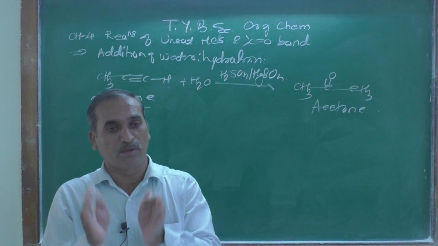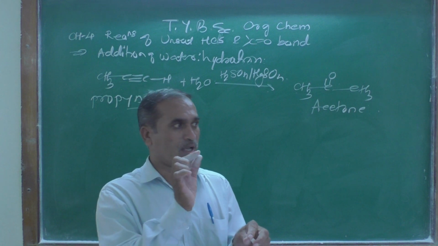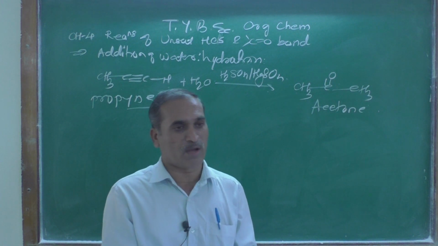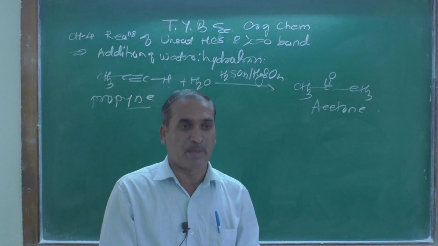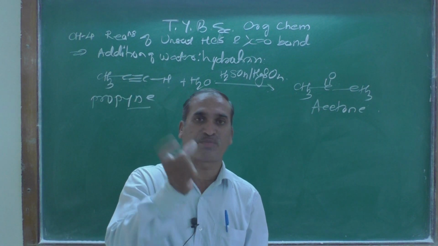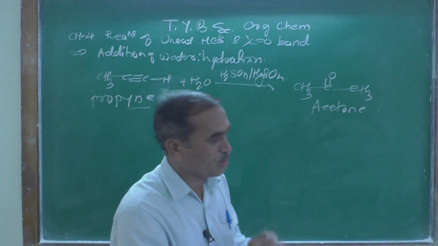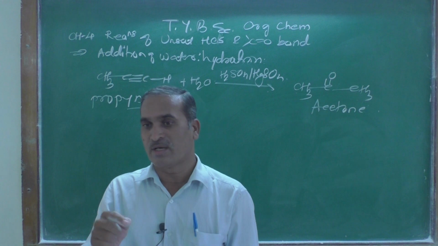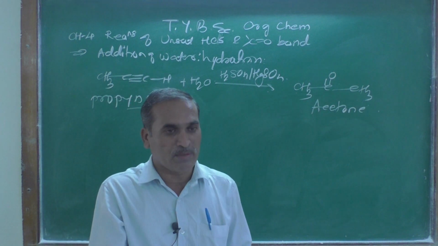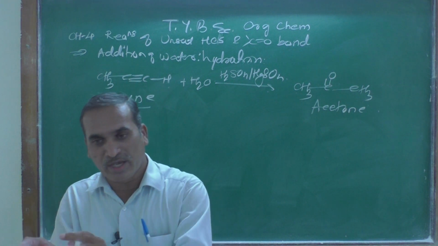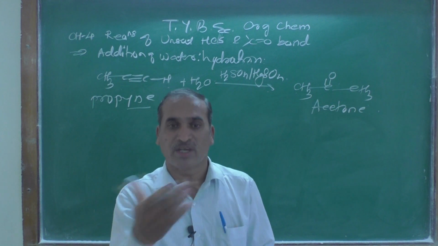As we know, aldehydes are compounds having the general formula RCHO, right? And always remember, the aldehyde group is always present at the end of the carbon chain. Similarly, acetone or ketones are compounds containing the RCOR' group, where R and R' may be aliphatic or aromatic.